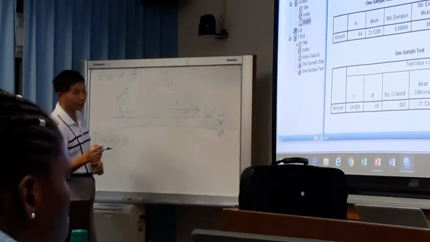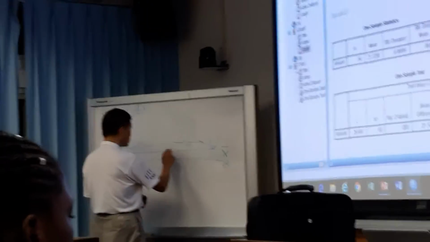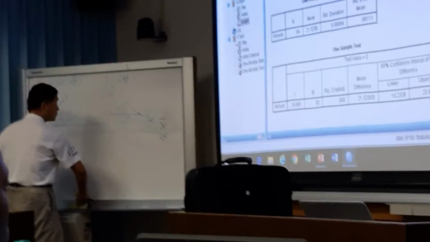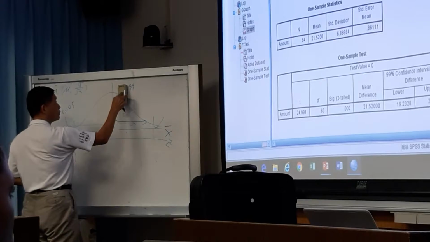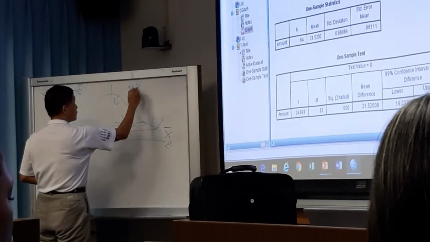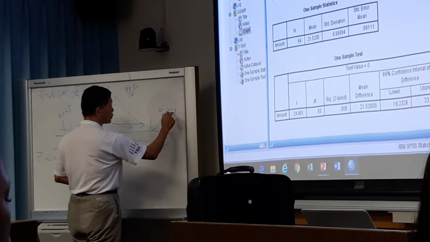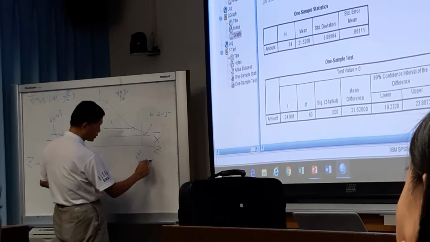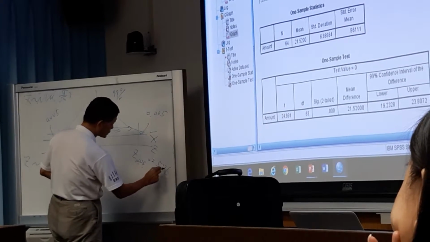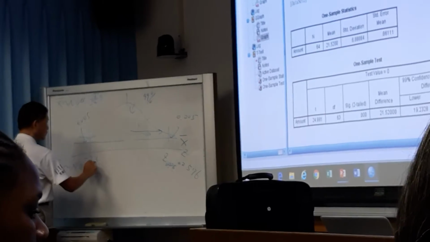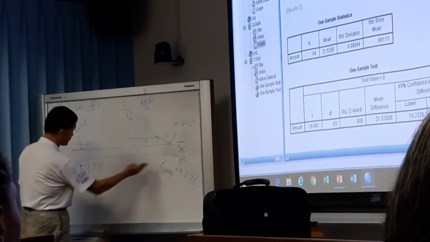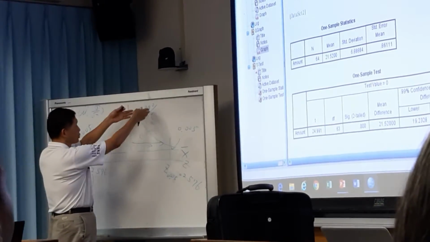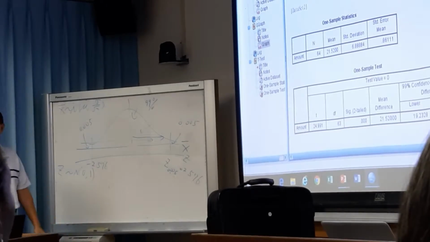So for 99%, that means here is 0.005. We already know the Z value is 2.576, and this is negative 2.576. Either side is 0.5% because we are 99% confident.